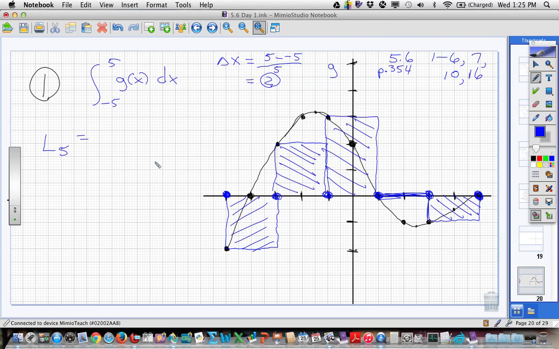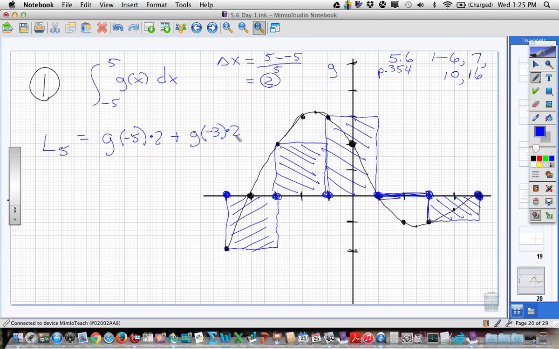And then part A is to calculate the L5. So let's use our function notation. This is G we're doing this time. So this is G of -5 times 2 plus G of -3 times 2.